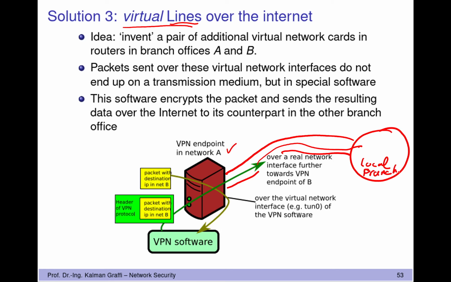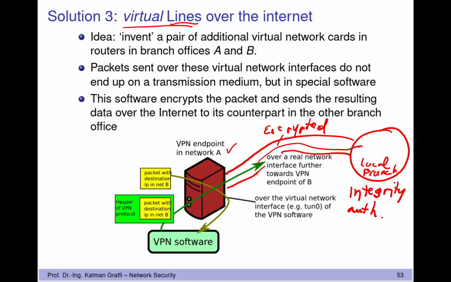So we create a virtual network line which has these nice properties: encrypted, integrity is provided, and authenticated, so that we know who's connected.